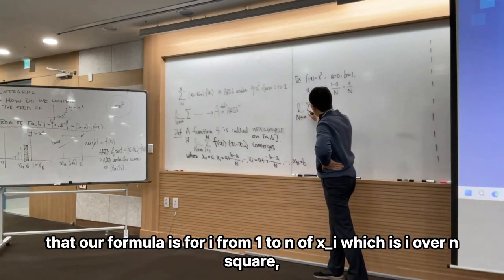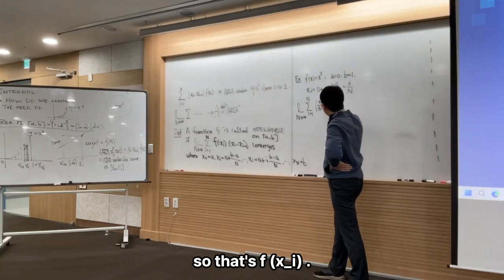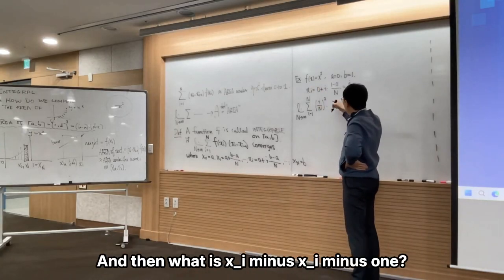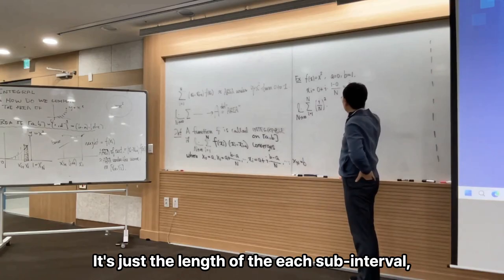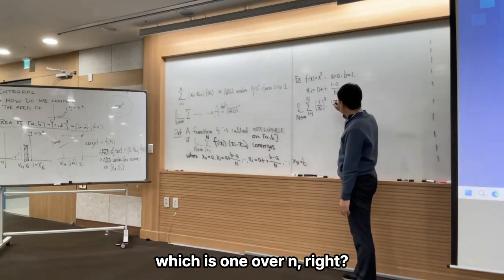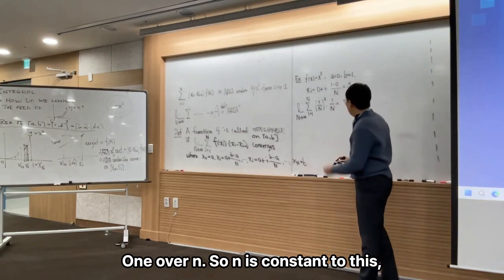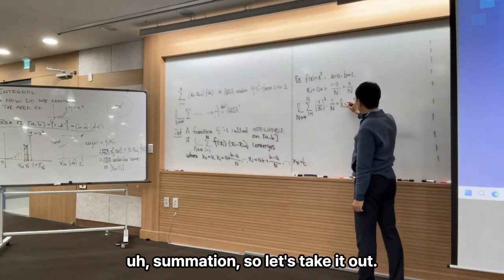Our formula is the sum for i from 1 to n of f(xi), which is (i over n) squared, and then what is xi minus xi-1? It's just the length of each subinterval, which is 1 over n, right? So n is constant to this summation, so let's take it out.